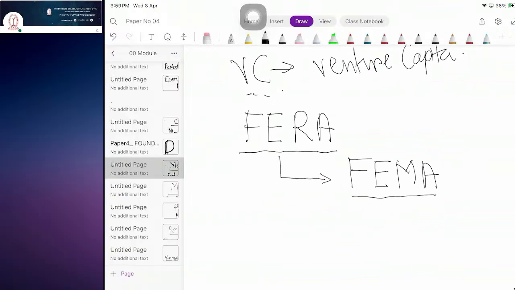Okay, and a similar question, just check. There was earlier what was called the Monopolies Restrictive Trade Practices Act. That was called MRTP.